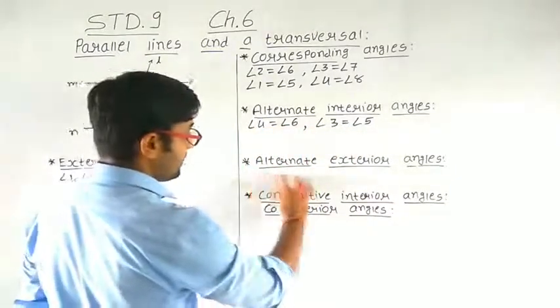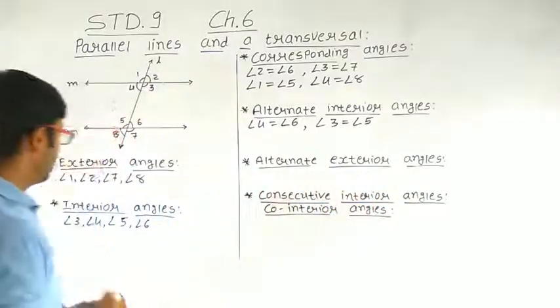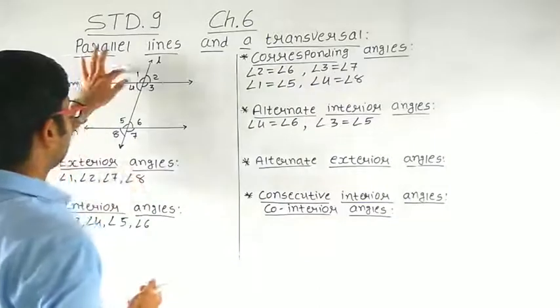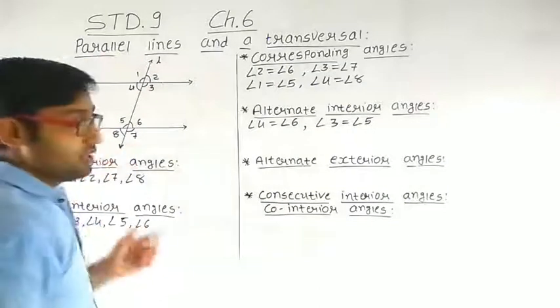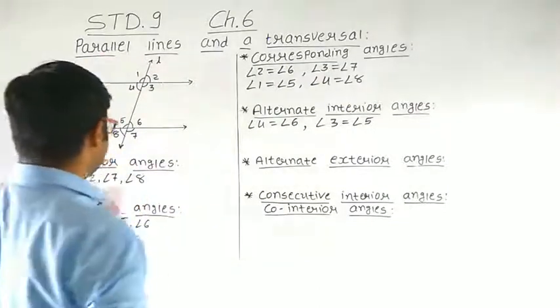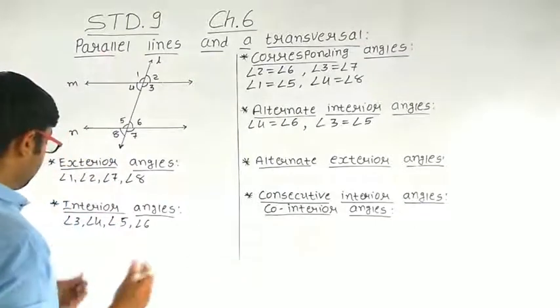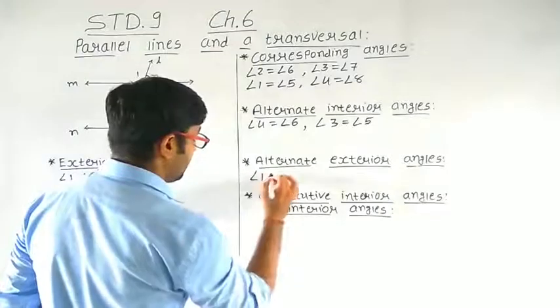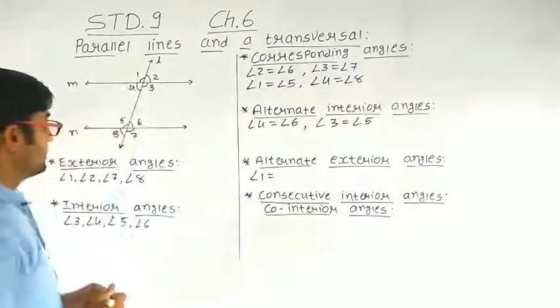Now next one is alternate exterior angles. Exterior angles are 1, 2, 7 and 8. Here also we have to define the relation between these angles. First of all we consider angle 1. Which angle will be equal?